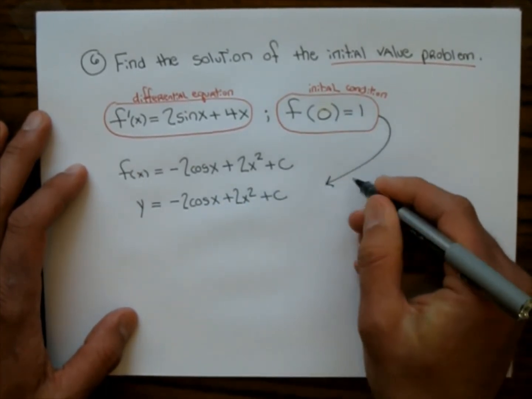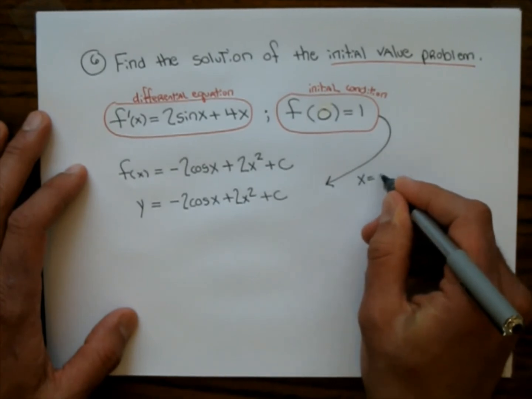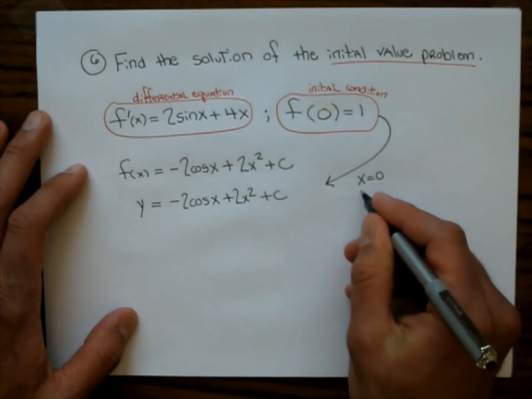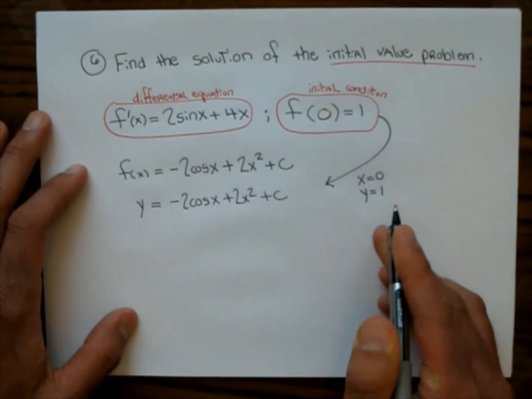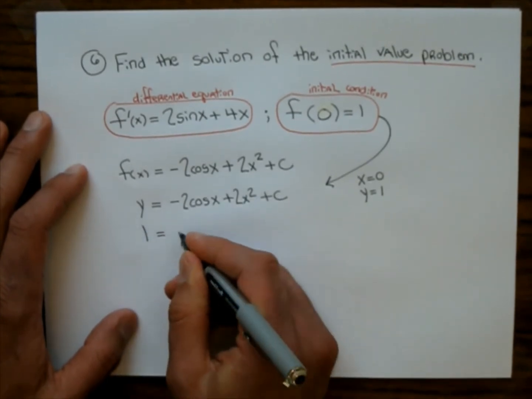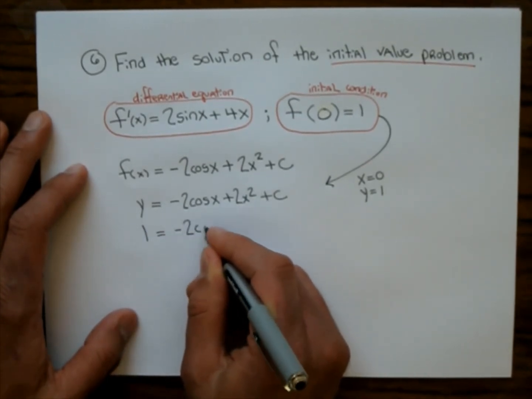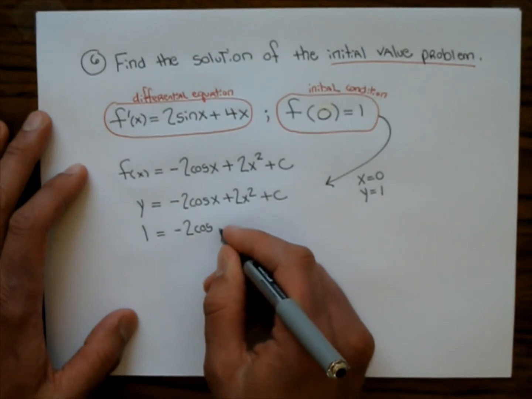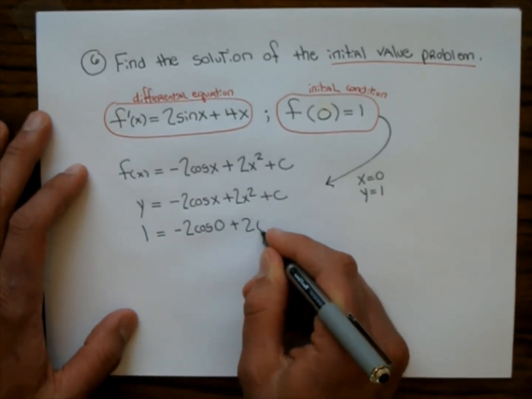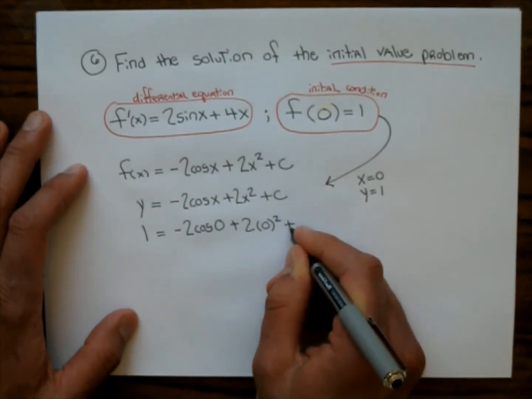This initial condition is saying that x equals 0 when y equals 1. So we're going to plug that in here. 1 equals negative 2 cosine of 0 plus 2 times 0 squared plus c.